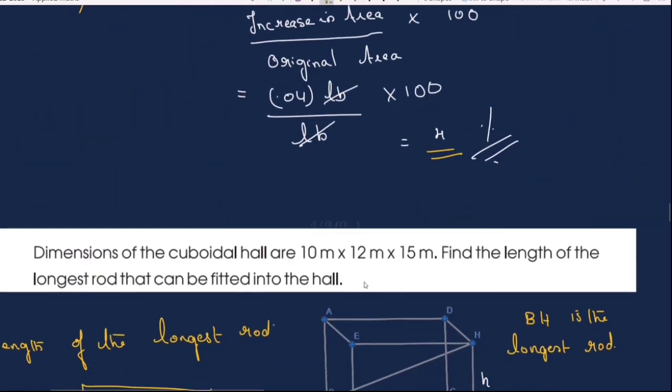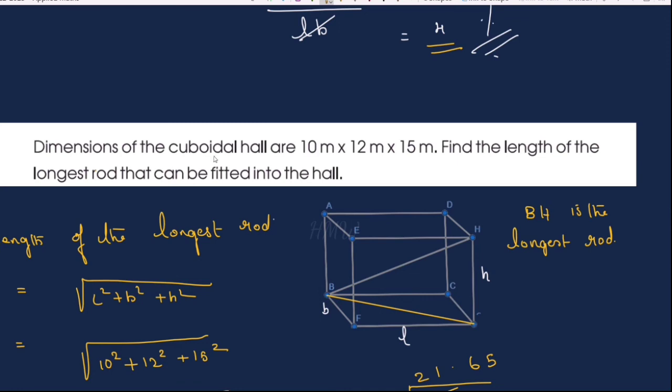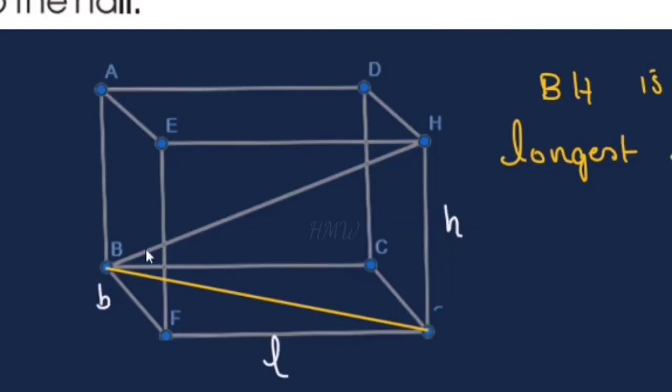Question number 7. The dimensions of a cuboidal hall are 10 meter, 12 meter and 15 meters. Find the length of the longest rod that can be fitted into the hall. The longest rod is from this extreme vertex to the opposite vertex. So BH is the longest rod.